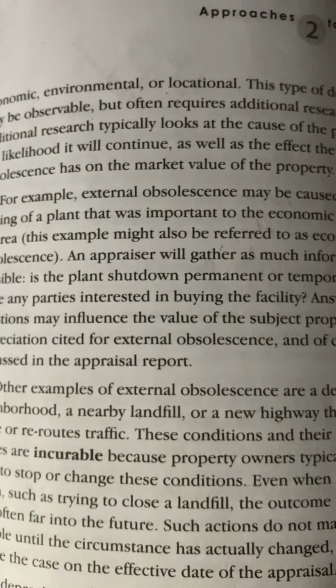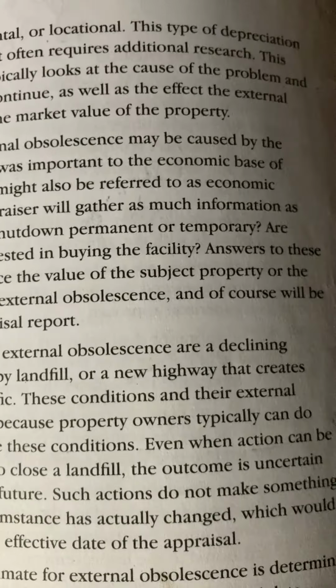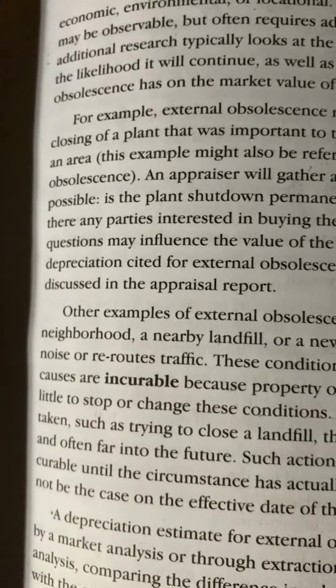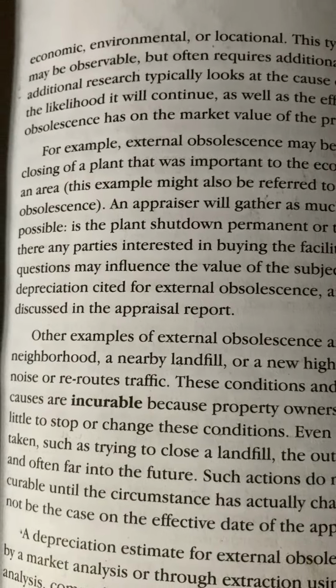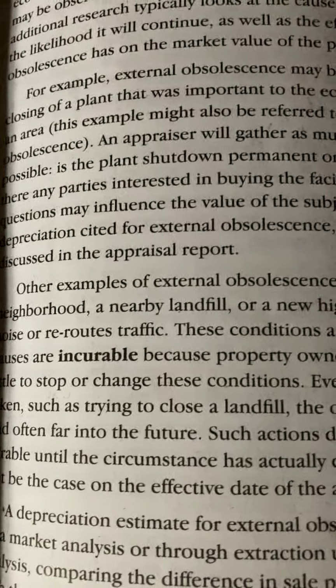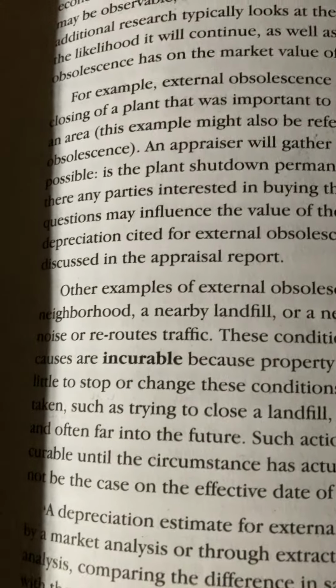This additional research typically looks at the cause of the problem and the likelihood it will continue, as well as the effect the external obsolescence has on the market value of the property. For example, external obsolescence may be caused by the closing of a plant that was important to the economic base of an area. This example might also be referred to as economic obsolescence.